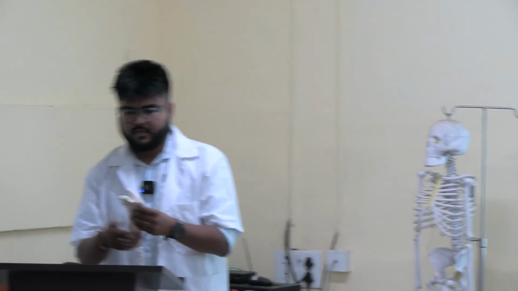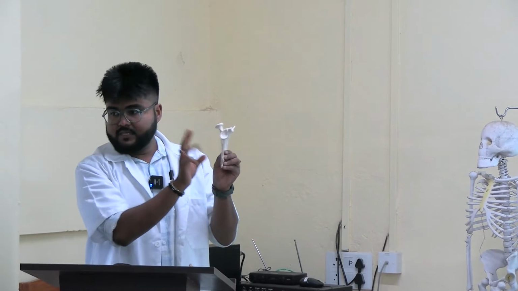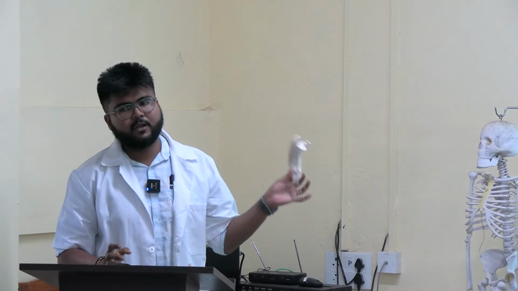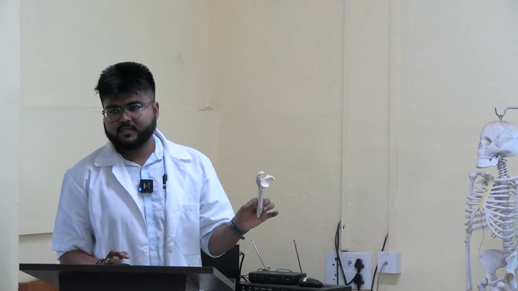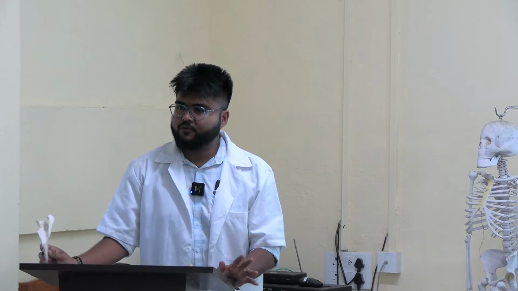Here there are also 3 borders, including the upper border. So in the body there are 3 borders, 3 angles and 2 surfaces.